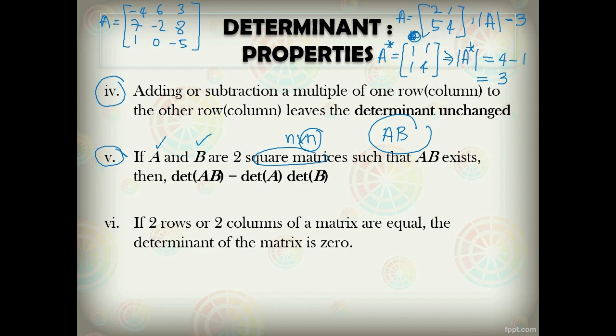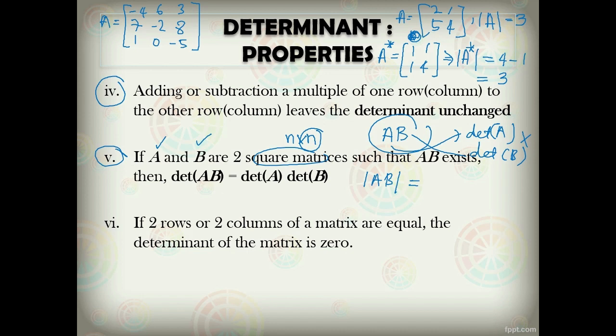So when AB exists, the determinant of matrix AB is equal to the determinant of matrix A separately, times the determinant of matrix B, multiplied later.